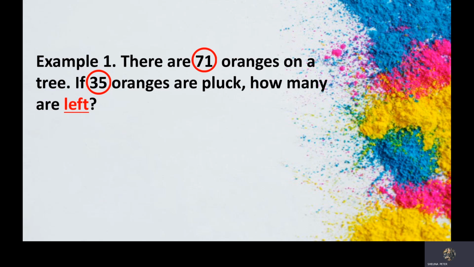Now let us begin with the third step. What was the third step? Yes, we are going to form the statements based on these numbers. So what will be the first statement? As you can see this number here, 71. The first statement will be number of oranges on a tree. How many oranges were there on a tree? 71. Then what was the next statement?